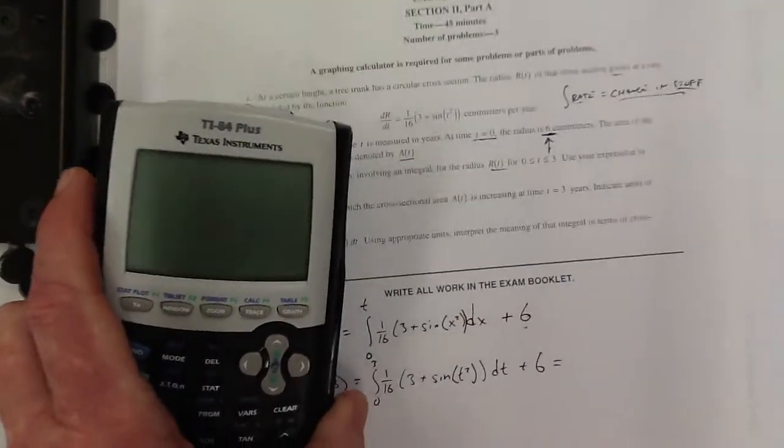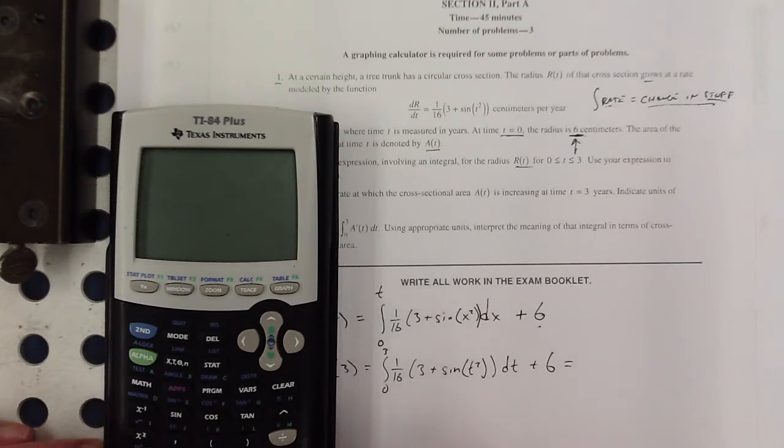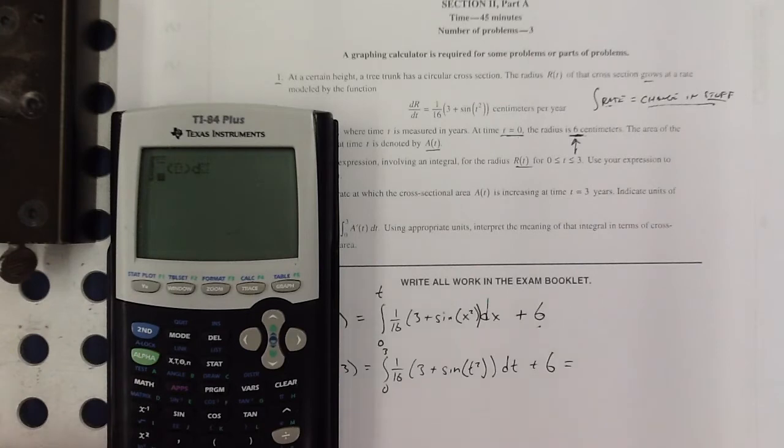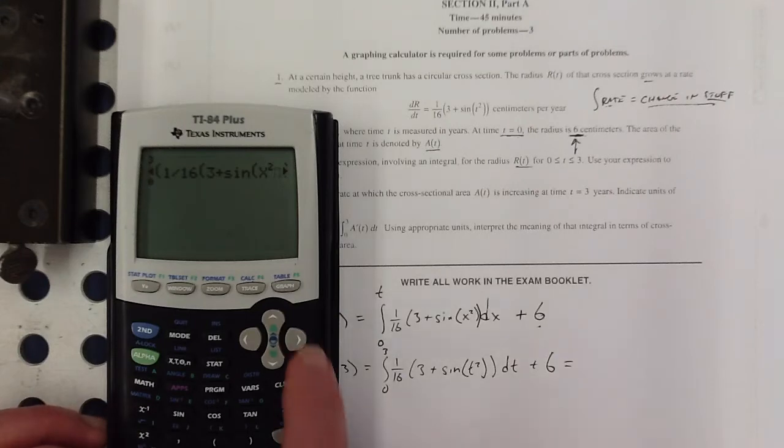All right, this is a calculator problem, and this is not an integral that you could evaluate by hand anyway. So I'm going to go to Math 9, 0 to 3 of 1/16. I could have put the 1/16 on the outside because it's a constant, but it doesn't matter. 1/16 times 3 plus sine of t squared dt, and then add the 6.